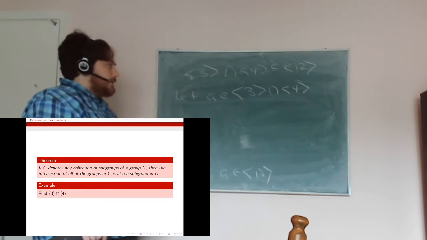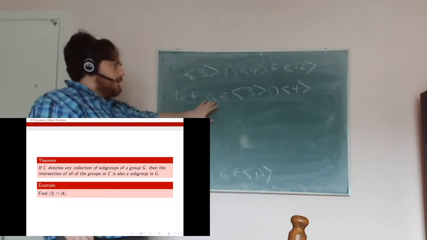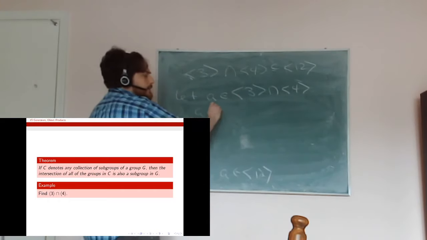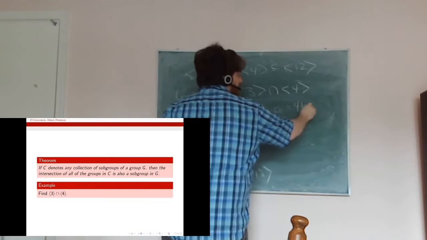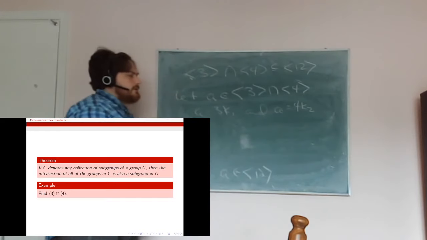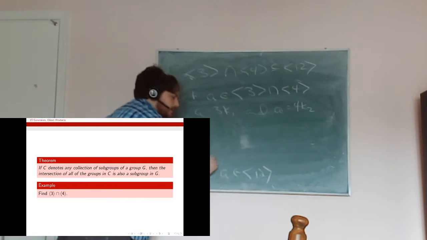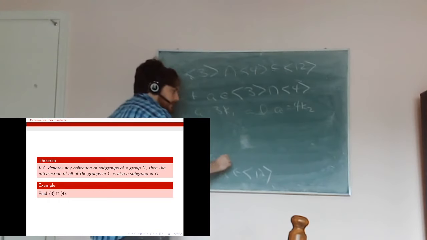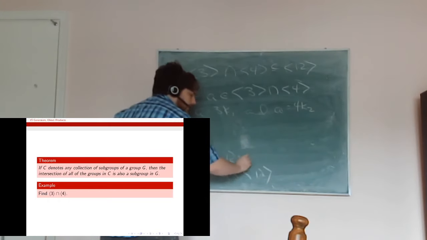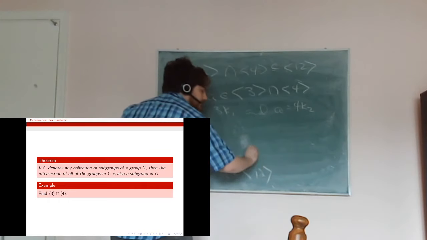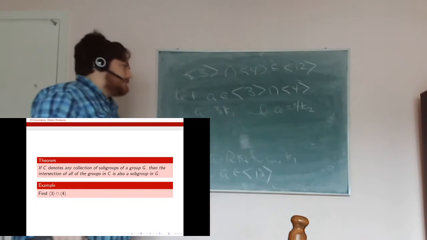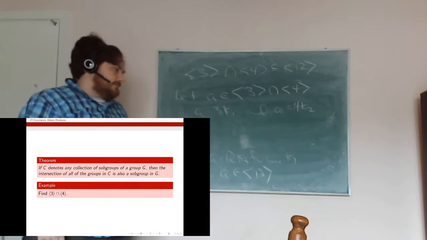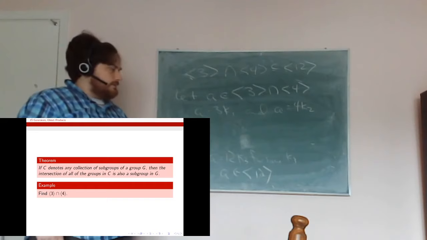So here we're setting up this proof. Since it's in here, that means that a is equal to 3k1 and a is equal to 4k2 for some integers k1 and k2. And what I have to show is that a is actually equal to 12k3 for some k3. All right, so how do I get from here to here?